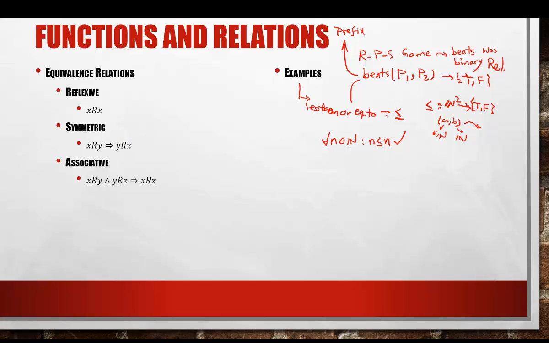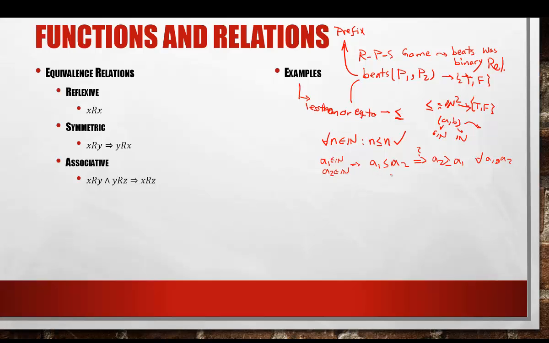So according to this representation, then less than or equal to is not, well, actually it is a symmetric relation as well, because if I take a sub 1 from N and a sub 2 from N, then if a sub 1 is less than or equal to a sub 2, is it the case that a sub 2 is greater than or equal to a sub 1 for every a sub 1 and a sub 2?